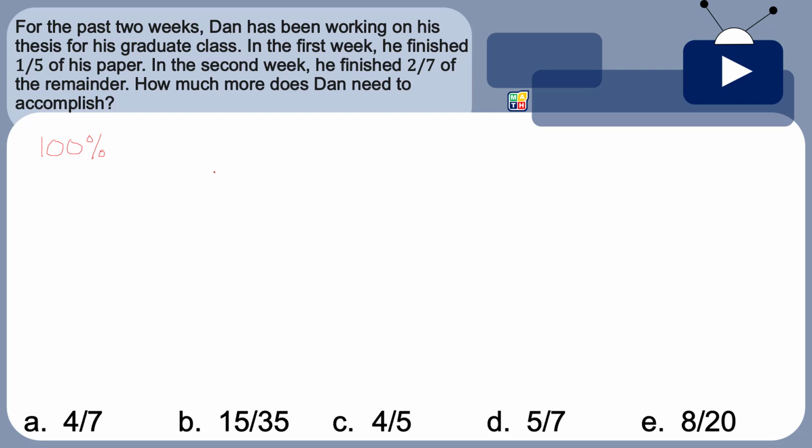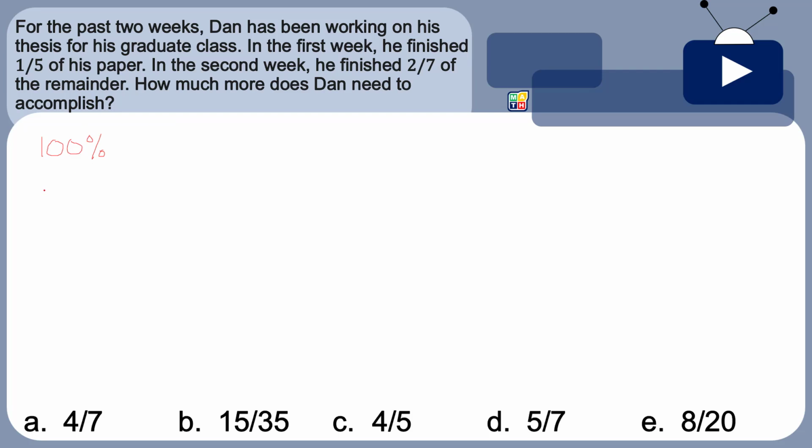Whatever fractions we get later on, always remember that the question here is how much more does Dan need to accomplish, not of the remainder but of the total percentage of his paper. Because the target is different. What if the question was how much more does Dan need to accomplish pertaining to the remainder after the first week? But it's on the entirety.